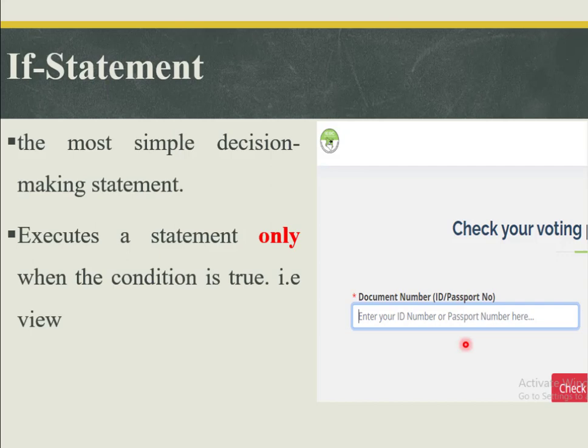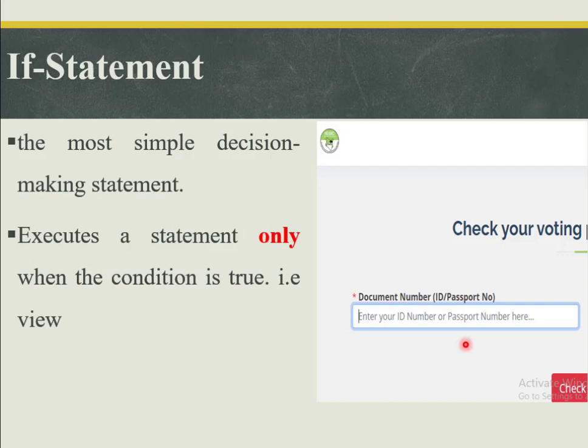The question is, what happens when we enter a value, maybe like 5? We know we don't have an ID number like 5. So when you're looking at an if statement, we anticipate that your voter details will only be displayed if you enter a correct ID or a passport number.